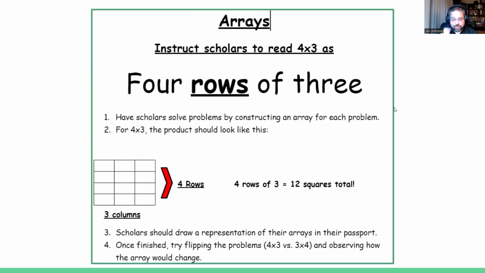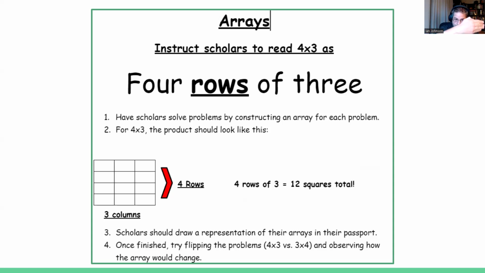Next up is arrays. For this station, you're going to have the scholars set up arrays of blocks. 4 times 3 is represented as 4 rows of 3. In this example, we have 4 different rows. The rows go sideways, columns go up and down.